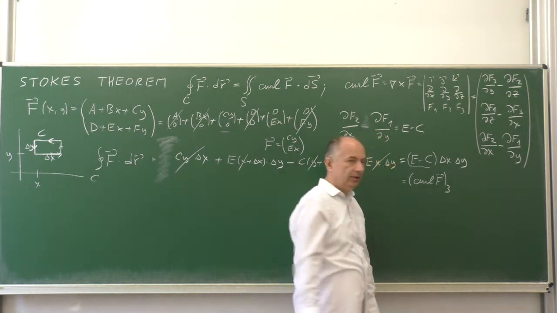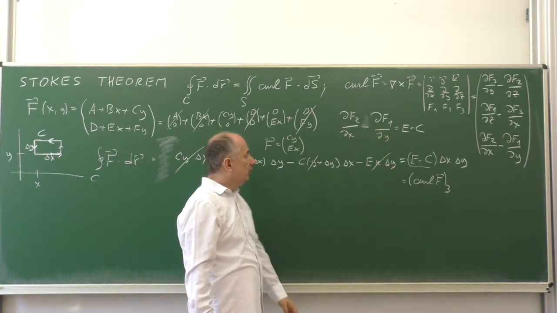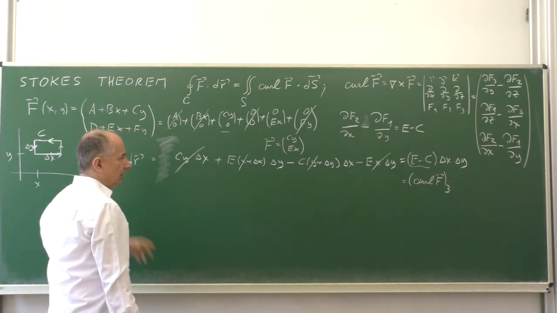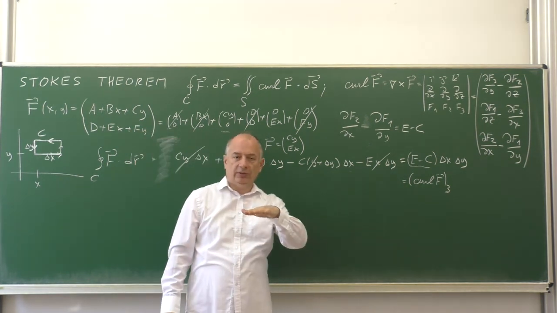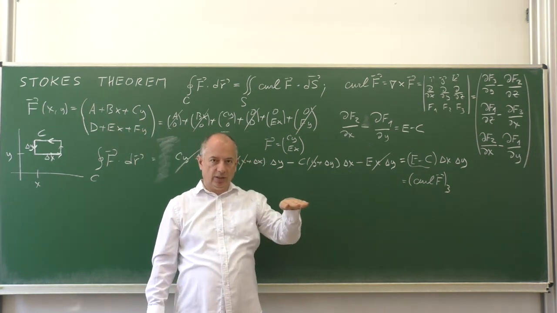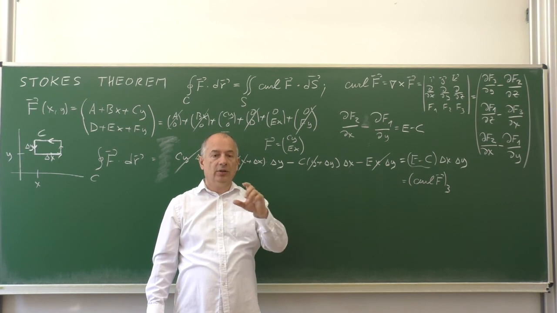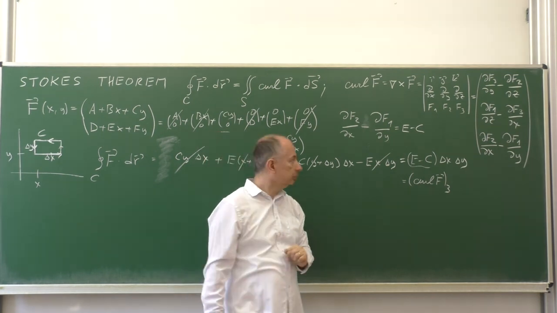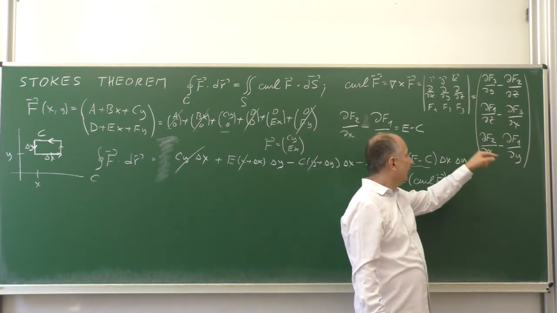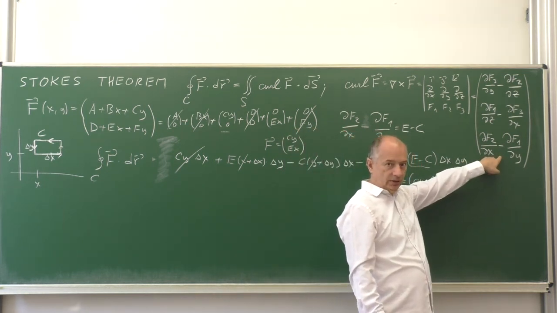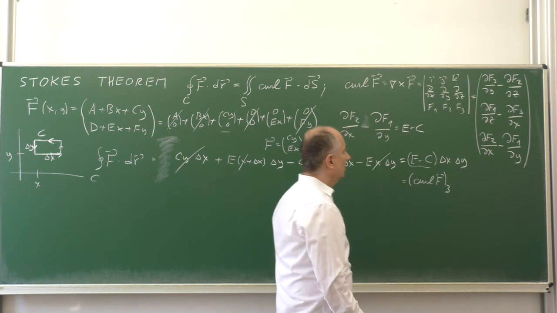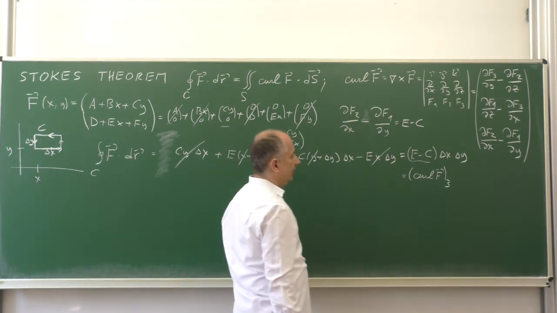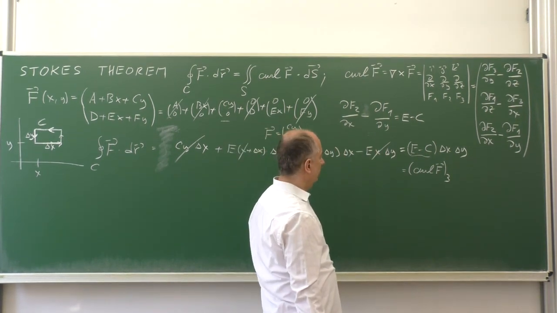If we have a two-dimensional vector field, we can think of this vector field to be in a horizontal plane xy with the third component f3 equal to 0. And then the third component of the curl is this difference, the derivative of f2 with respect to x minus the derivative of f1 with respect to y.